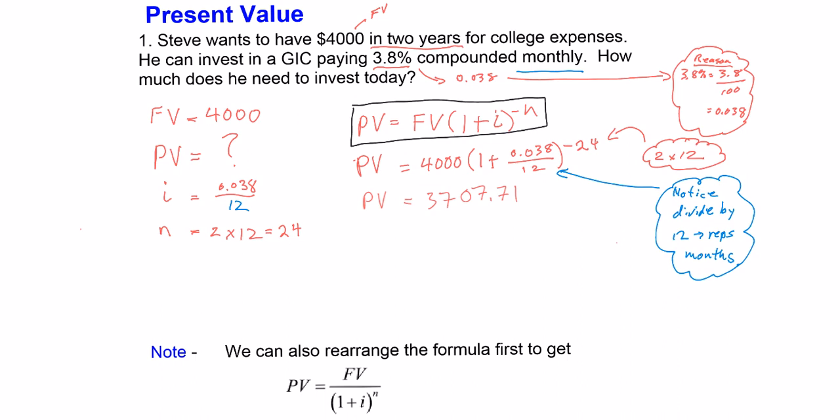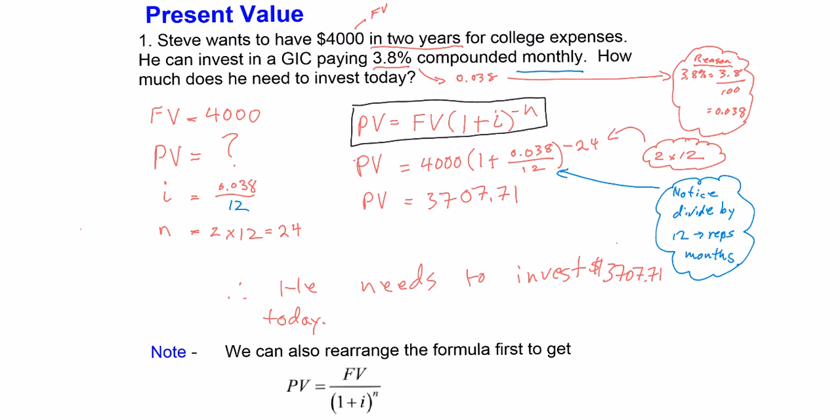So, therefore, if we answer the question directly, it asks us how much does he need to invest today. Therefore, you could write down he needs to invest $3,707.71 today. You could also just write for this problem, the present value is the number. You could have said that as well.